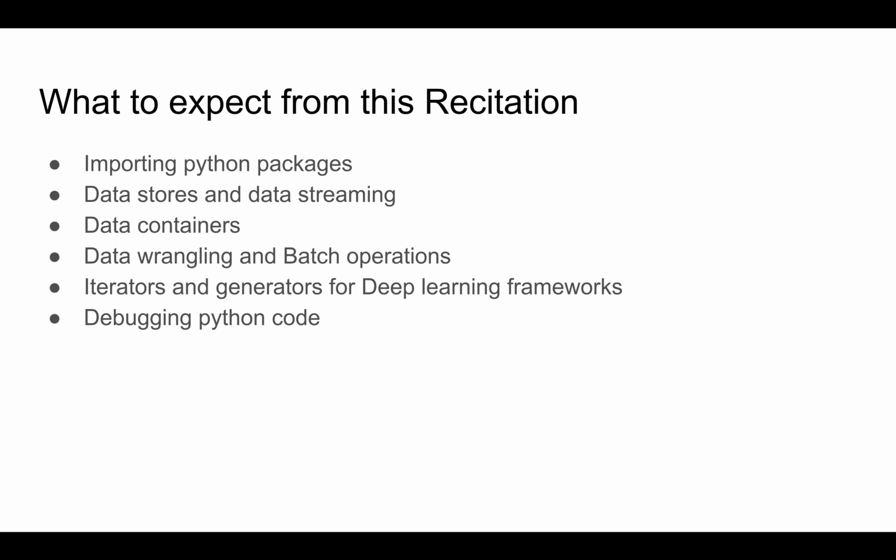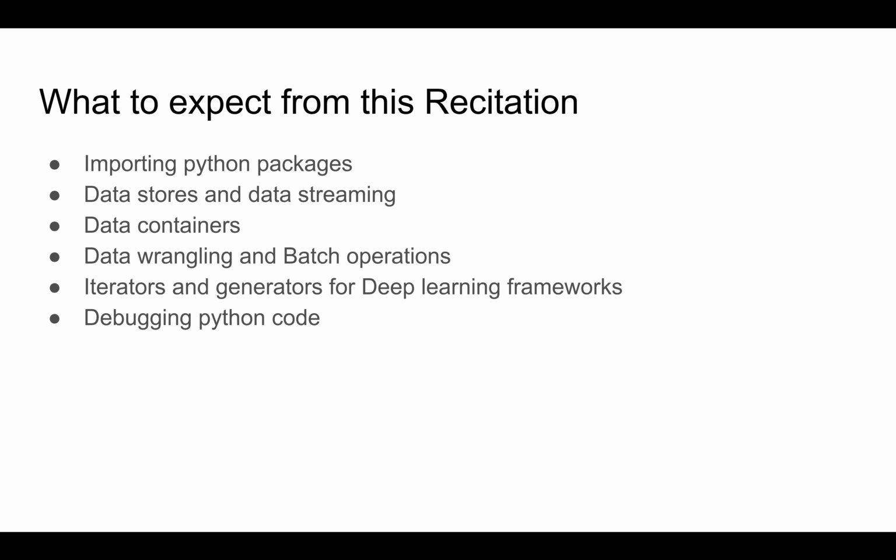Firstly, you'll learn how to import packages in your program, which mainly includes essential packages for your deep learning modules like PyTorch and TensorFlow. Secondly, what are the different formats in which data is stored and how they're streamed efficiently in Python. Thirdly, data containers, which are merely a representation of the data that has been loaded into the memory.